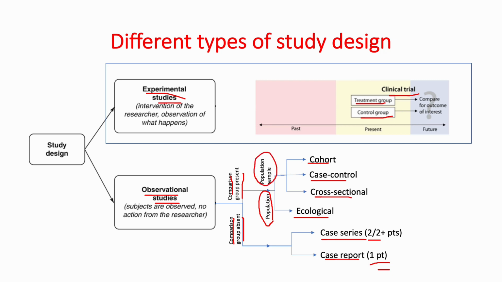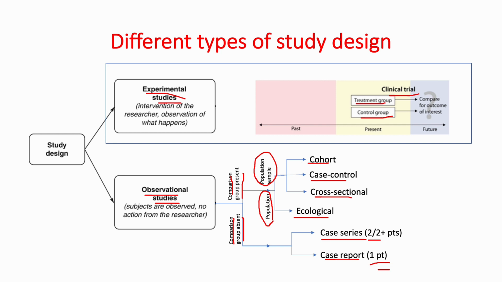This is a big difference to distinguish from the ecological studies. Although I can understand that ecological studies are complex to interpret, especially in questions, I have prepared a few questions at the end of this video so that you can better master and understand what I mean in practice: ecological studies are studies that are done at a population level.